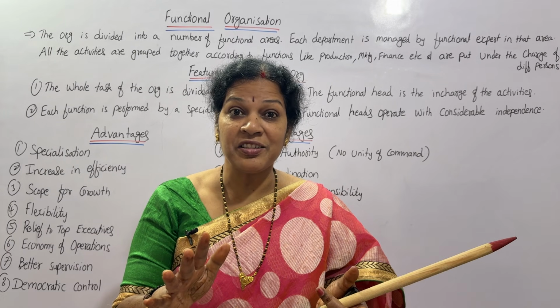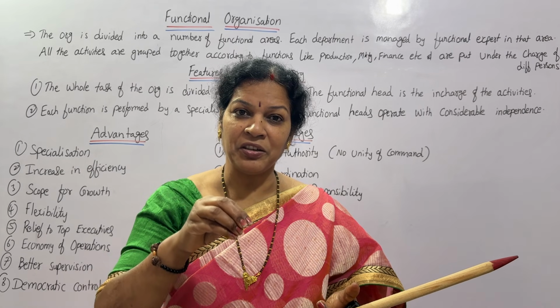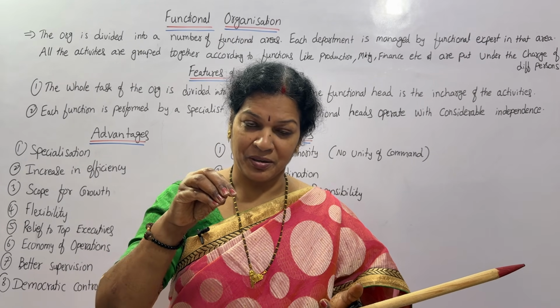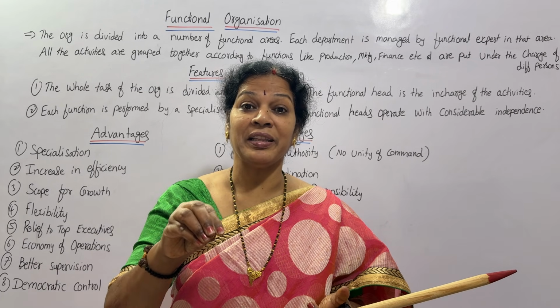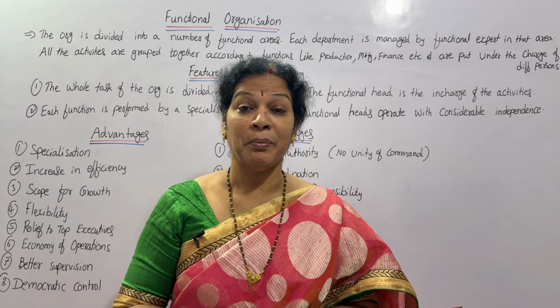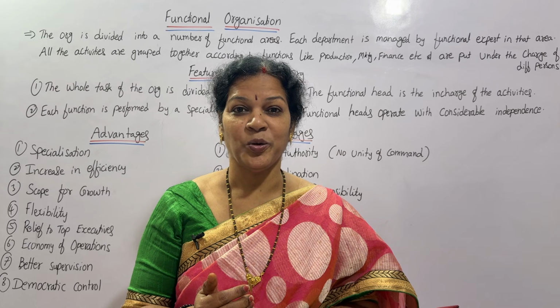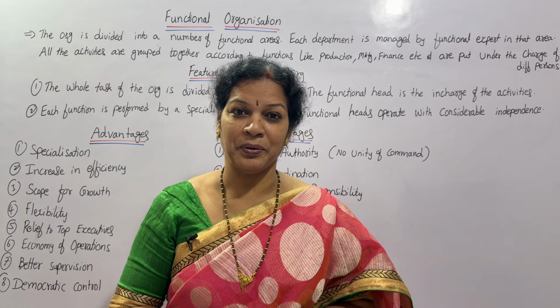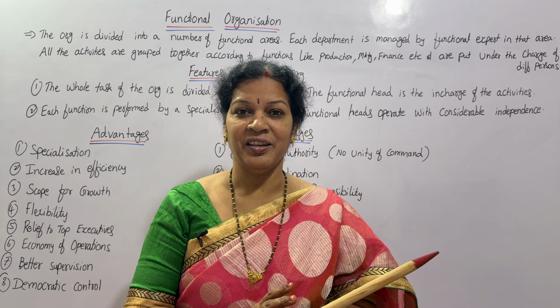Each department is given to a particular person, a particular authority, so that they are responsible for it. Only those who are experts in that particular field will be given the charge. So this is functional organization.